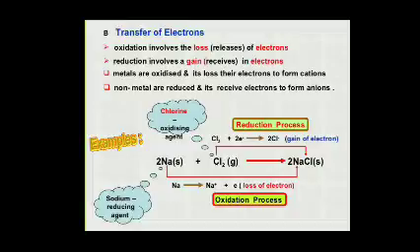Here is one example: 2Na plus Cl2 gives 2NaCl.